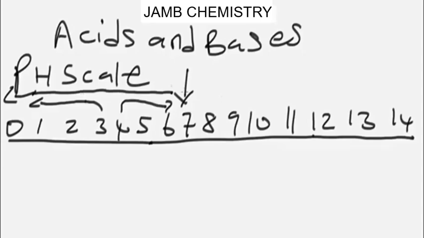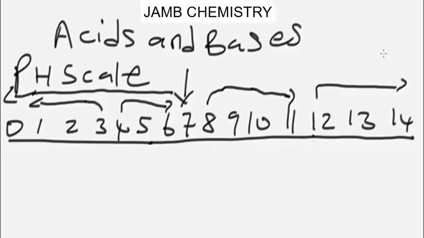Whereas from here, as you go forward on the pH scale, the more alkaline or strongly alkaline the solution will be. If we proceed from 8 to, let's say, 11, you are having a weakly alkaline solution, whereas from 12 to 14, you are said to have a very strong alkaline solution.